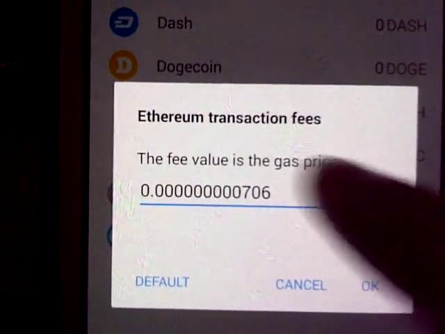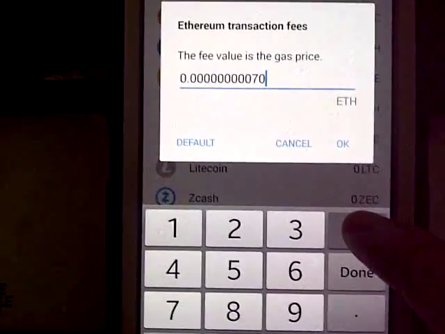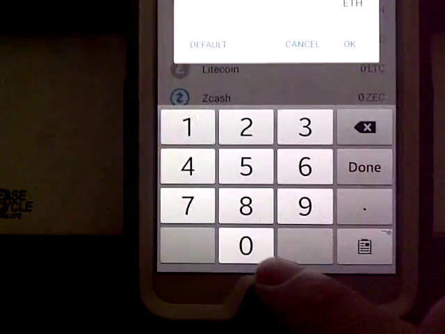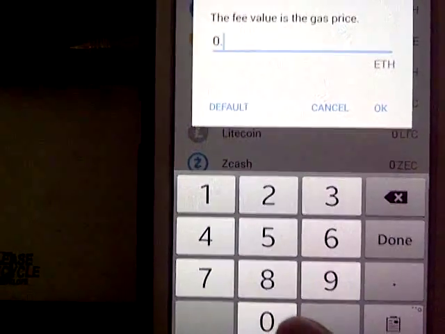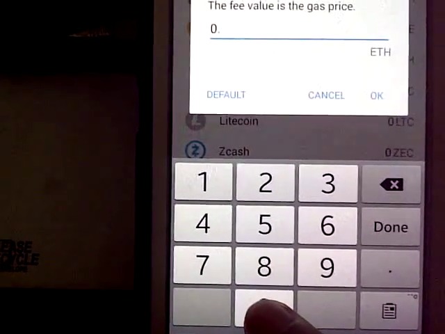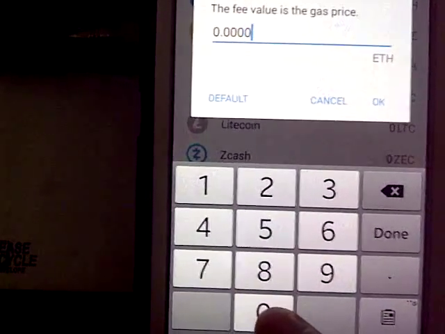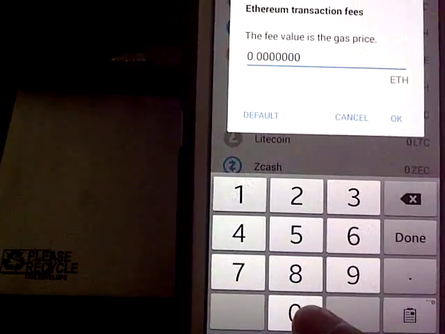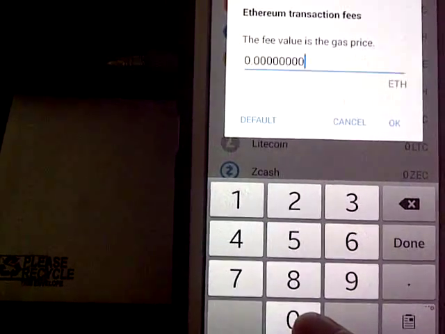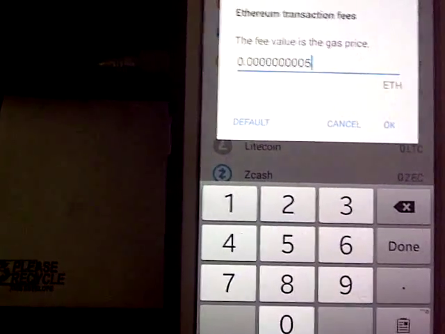What I'm going to do now is readjust this whole thing and go 0.1, 2, 3, 4, 5, 6, 7, 8, 9, 5. Okay, so that should be your gas price.